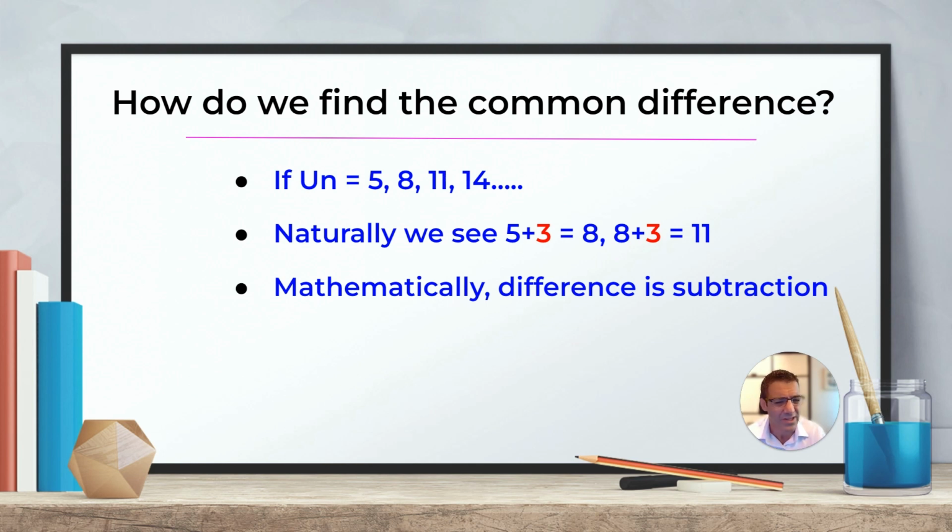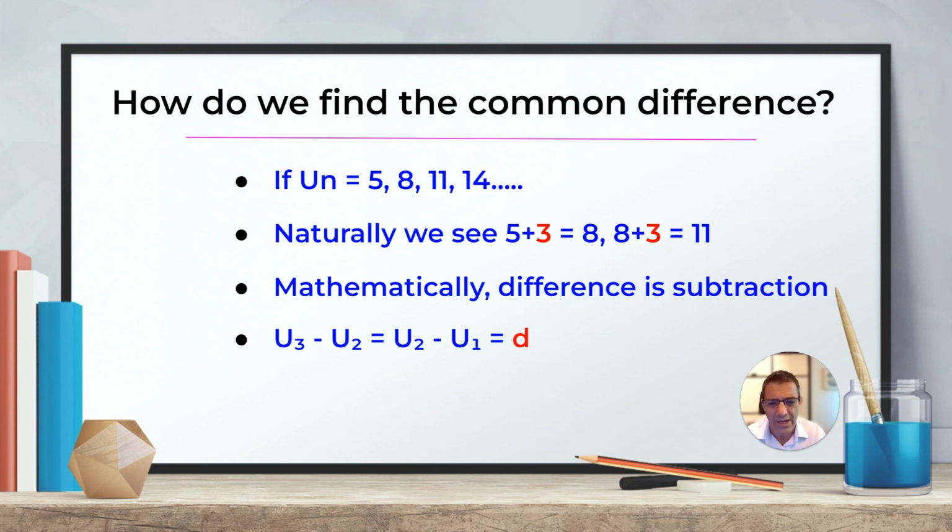So if it wasn't as obvious as 5, 8, 11, 14, you would have to do something like a subtraction. So you would do 8 minus 5, or 11 minus 8, or 14 minus 11, and realize that all these differences, which is why it's called a common difference, are the same. And so if all the differences are the same, then we know that the sequence is arithmetic.